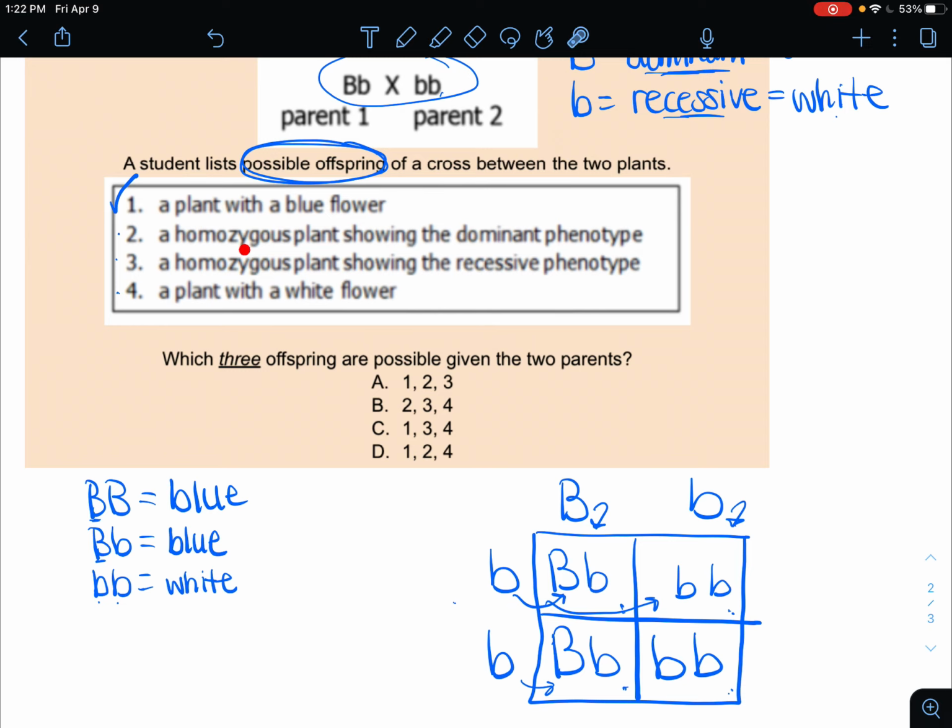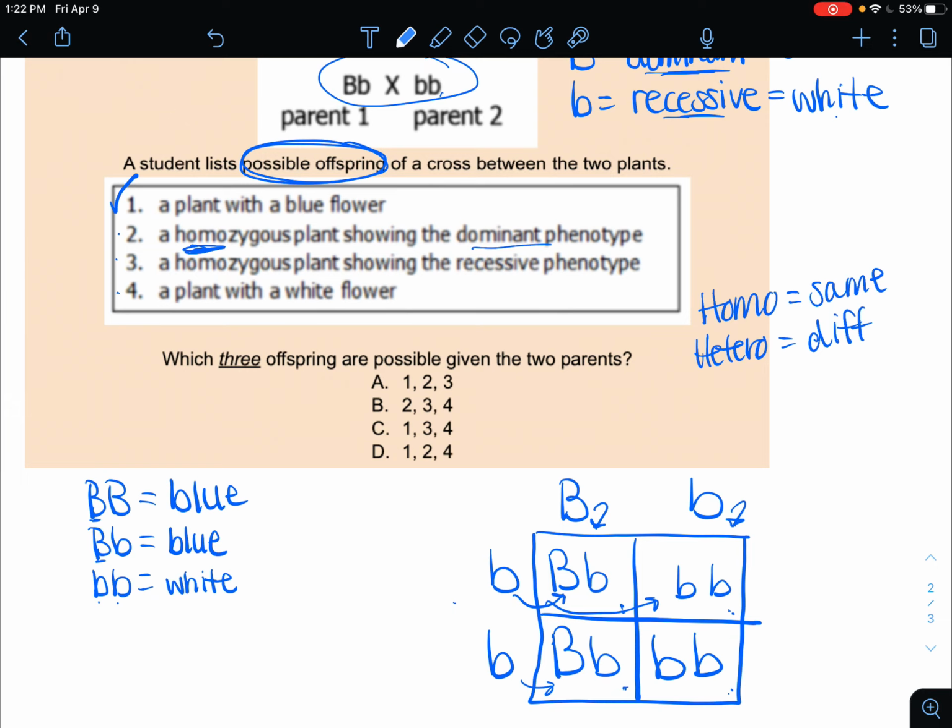Choice 2 says a homozygous plant showing the dominant phenotype. Whoa, there's those words. We know that homo means something and hetero is the opposite, means something else. We've talked all year, homo, that prefix means same, and hetero means different. So if we're talking about a homozygous plant, we know that the two alleles are going to be the same exact letter.